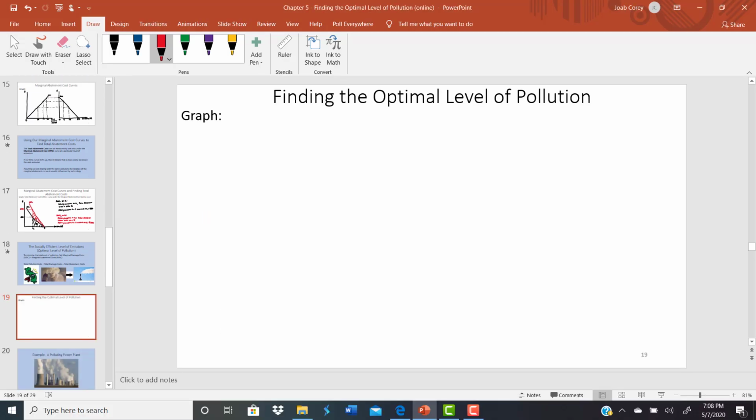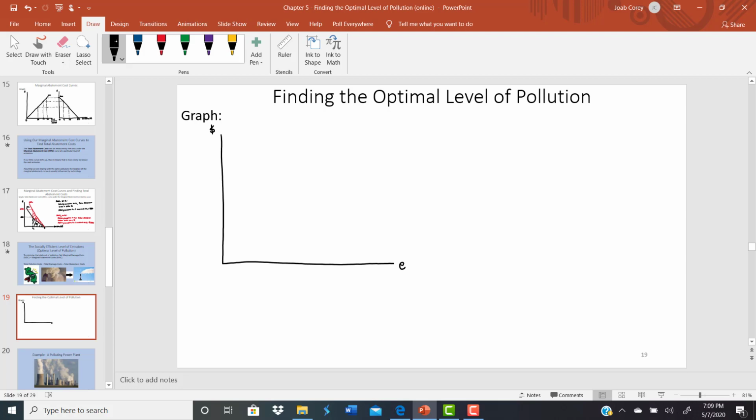All right, make sure you leave yourself plenty of room to go through this graph, as we're going to be doing a lot with it here. So again, you're going to be measuring dollars up here, and you're going to be measuring emissions down here. You're just going to use the letter E to do so.